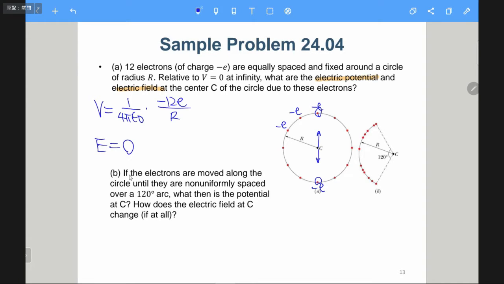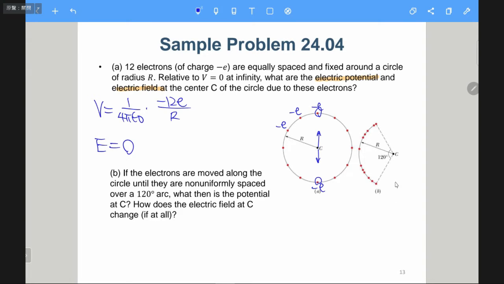Okay, question B: if the electrons are moved along the circle until they are non-uniformly spaced over a 120 degree arc, what are then the potential and the electric field at C? In this case, suppose there are 1, 2, 3, 4, 5, 6, 7, 8, 9, 10, 11, 12.